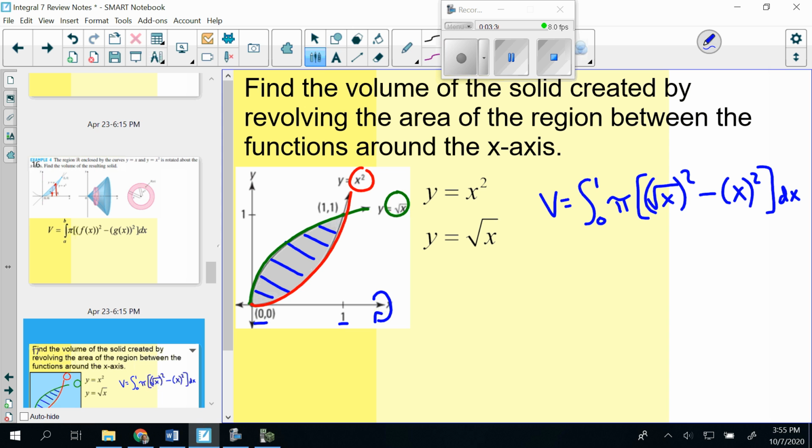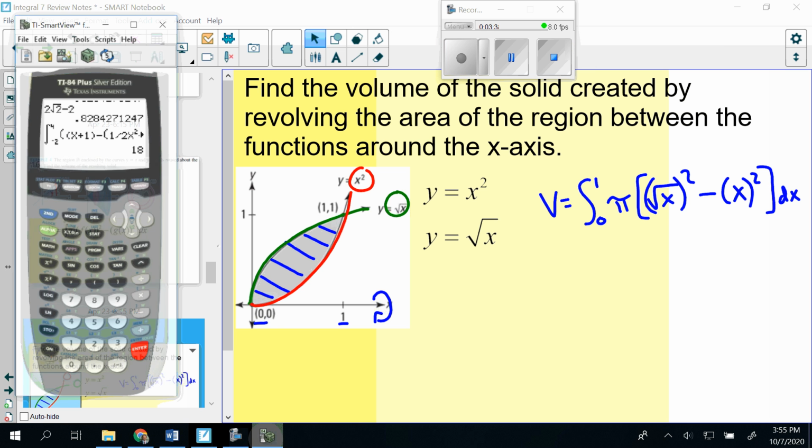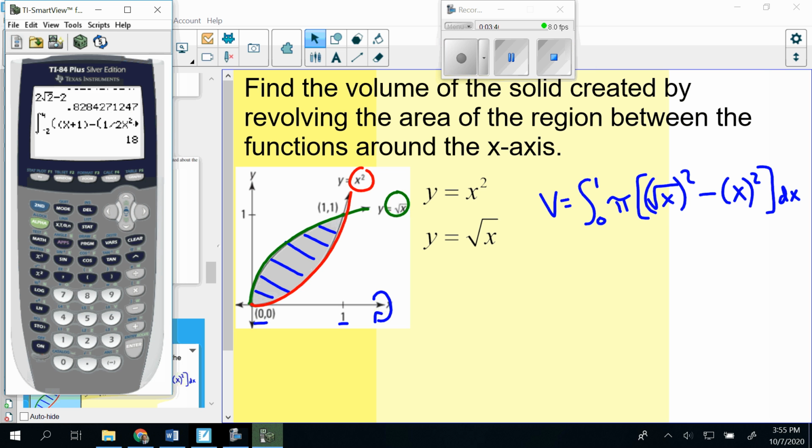One thing when doing that, make sure, especially if you use your calculator here, you probably don't want to put pi in there while you're doing it, because pi is that constant, but it's going to throw your answer, especially if it comes out to be like a fraction or a whole number. You're not going to be able to tell with pi being multiplied to that. So if I'm entering this one in here, I'm going from 0 to 1, not putting the pi in.